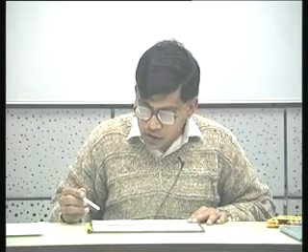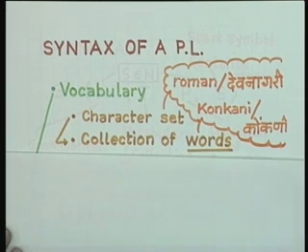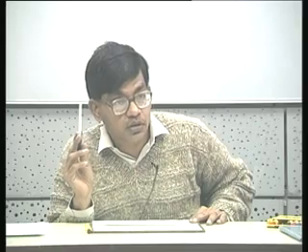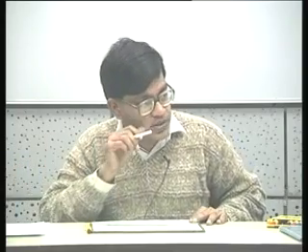So if you take natural languages like Konkani or Sindhi, what they have is different character sets, but the same collection of words. Sindhi, for example, is written by different people. Some people write it in Devanagari, some people write it in the Urdu script, the Arabic script.